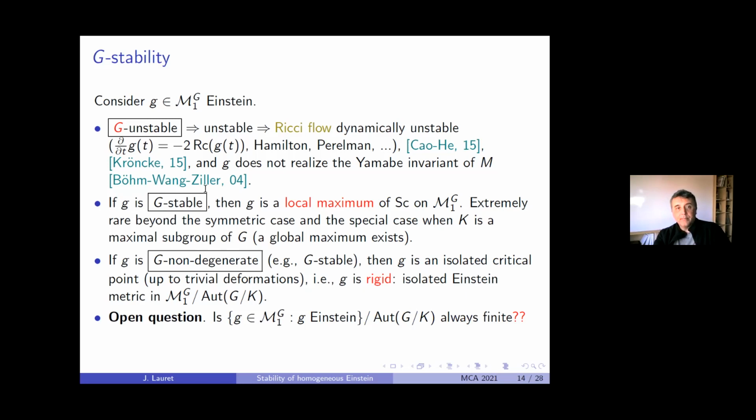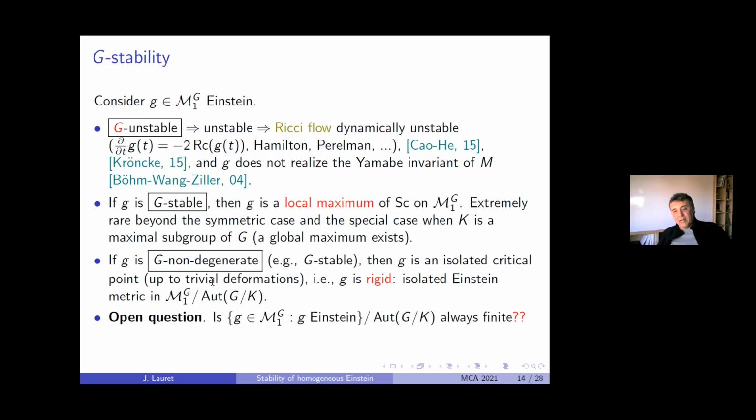Okay. Jorge. Yes. Do you know the answers for this question for some groups G? Or you don't attack the problem like this, looking at some groups? No. I mean, the space of homogeneous spaces is really overwhelming.